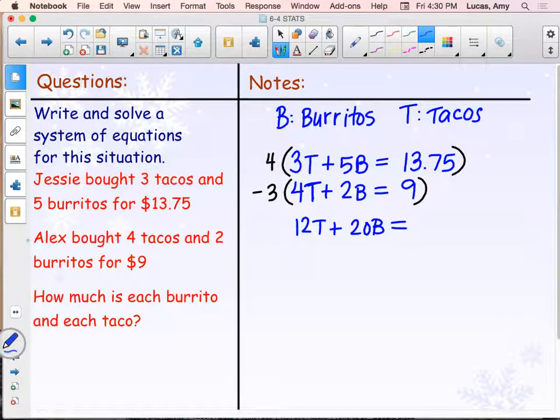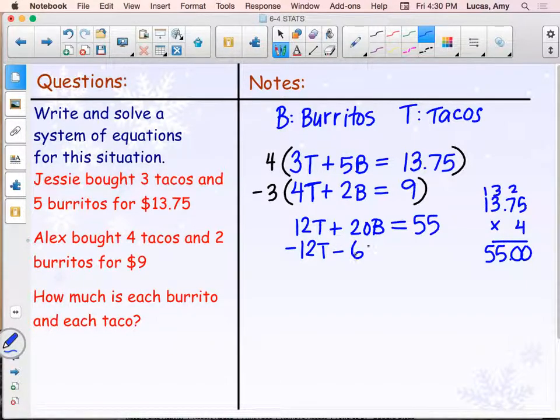And 4 times 3t is 12t plus 20b equals, now I need to multiply 13.75 times 4, so 55. Then the bottom one should be easier, -12t minus 6b equals -27.